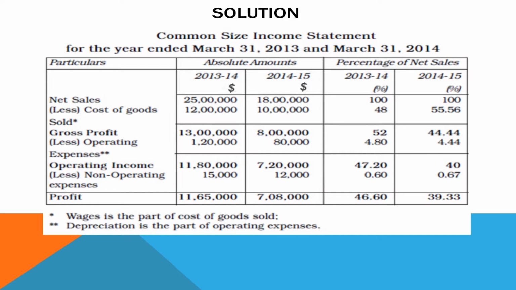Now we will start with net sales, that is 25 lakh and 18 lakh respectively. Now as we have already discussed, net sales is the base, so the percentages will be 100% and 100%. Now we are supposed to subtract cost of goods sold, which is 12 lakh and 10 lakh respectively.